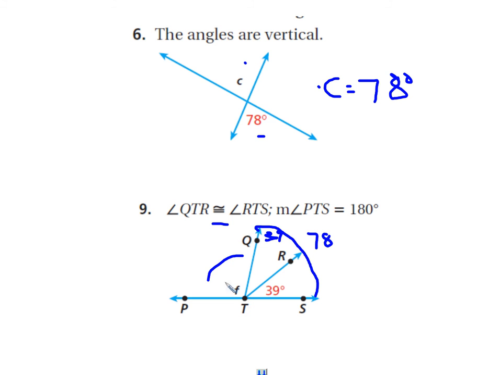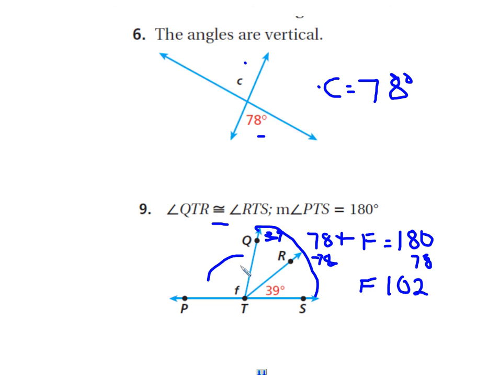So we have 78 plus angle F should give me 180. So I have this plus this much more is going to give me 180. I can subtract 78 from each side to isolate the F. I just have F, subtract 78, and I'm going to get 102. 102 plus 78 is 180.